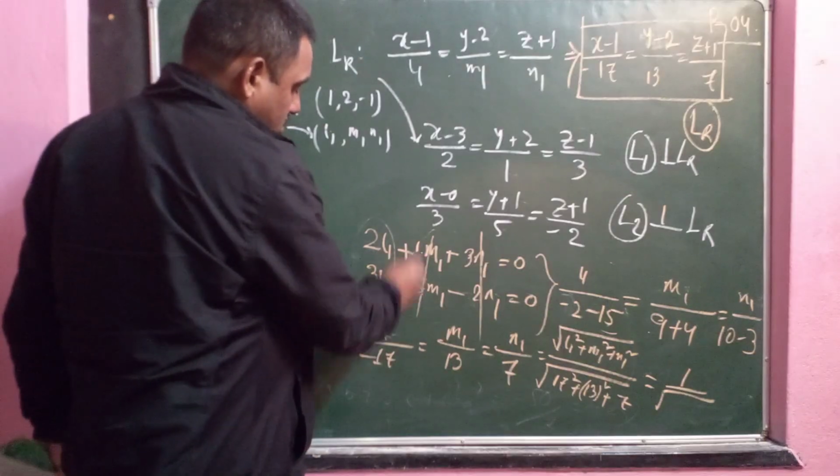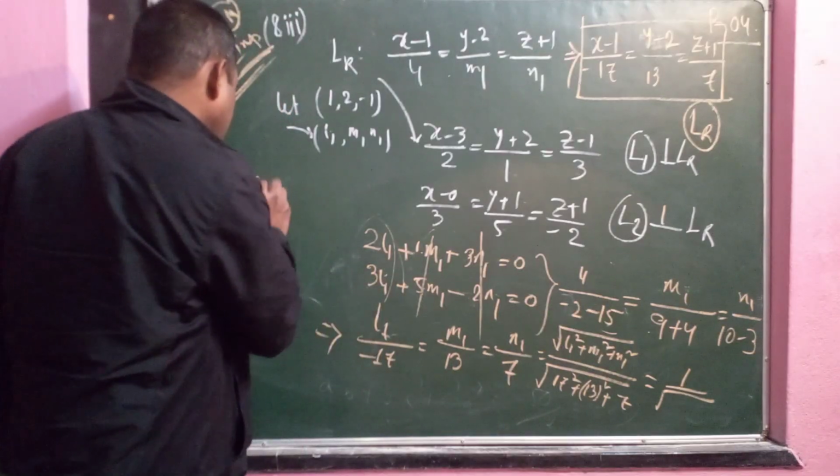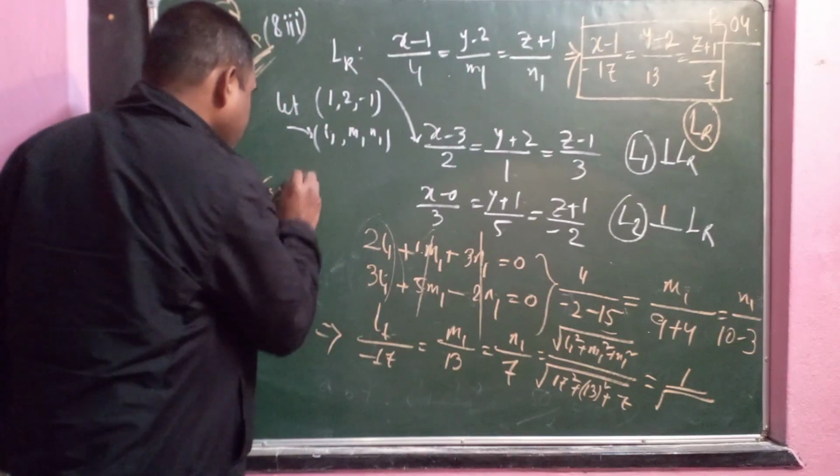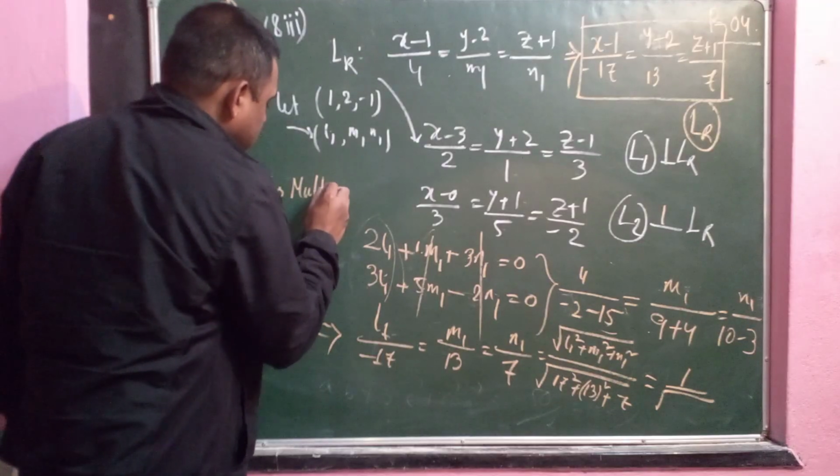Even from 2 equations, this is called the cross multiplication method. Very important and useful method.